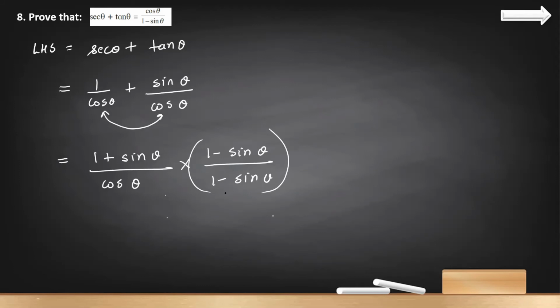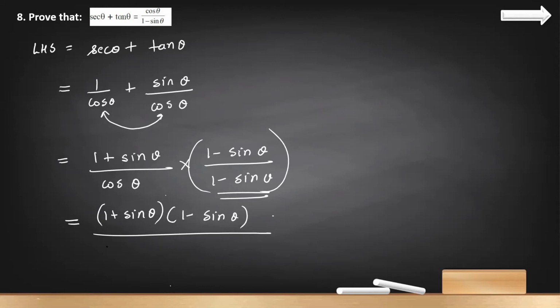Only one cos will be there, which is there in your RHS. So this is going to be 1 plus sin theta into 1 minus sin theta, the whole upon cos theta into 1 minus sin theta.